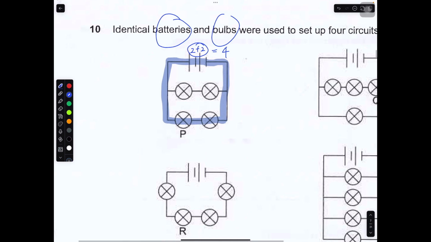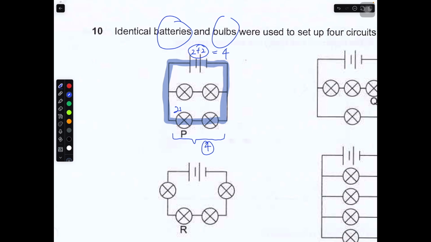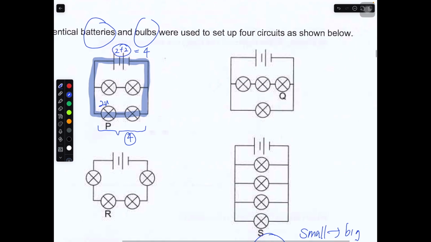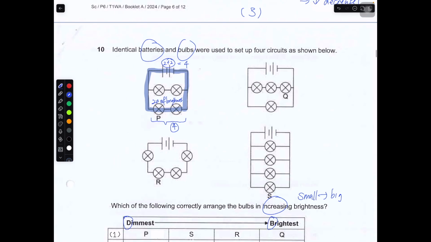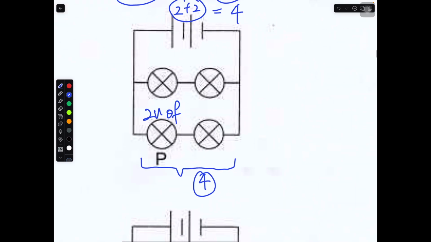So the electricity flowing through is also 4 units in total, but it's being shared by 2 light bulbs. So P will be 2 units of brightness. Let me rewrite this.